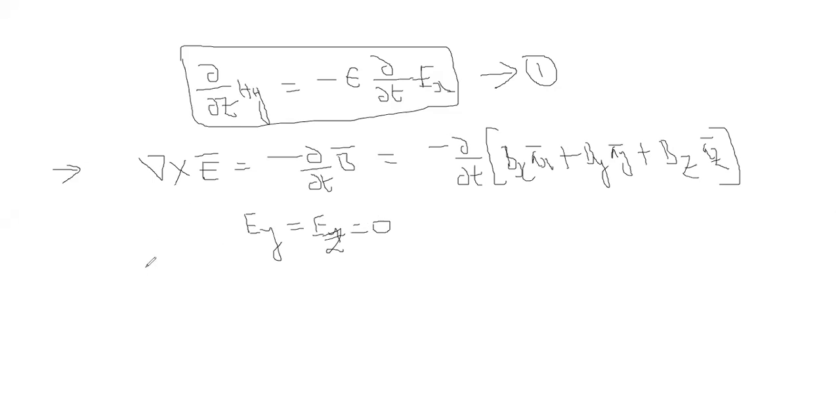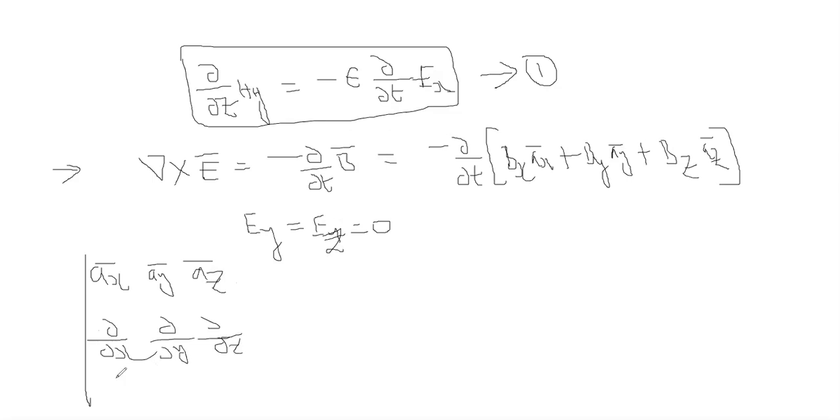Okay. So del cross E bar, again you can take the determinant. Del is Ax bar, Ay bar, and Az bar, dou by dou x, dou by dou y, dou by dou z, and Ex, Ey, and Ez.